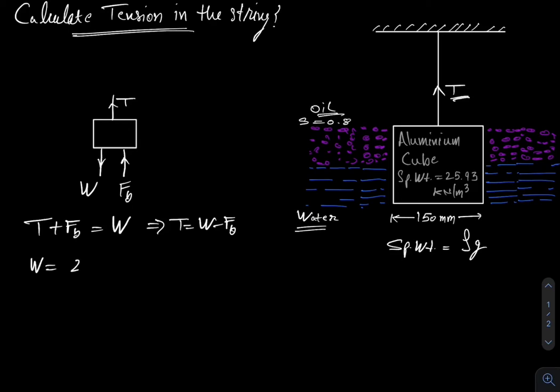So W is equal to rho g V, where rho is the density of the object, basically here the density of the cube, and V is the volume of the cube. So W is equal to rho g V.